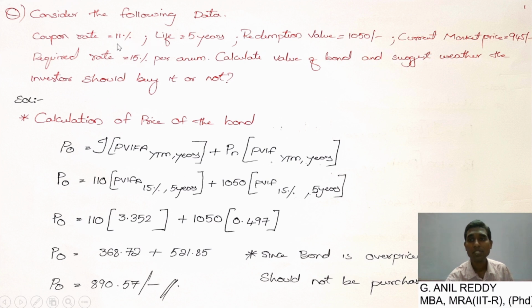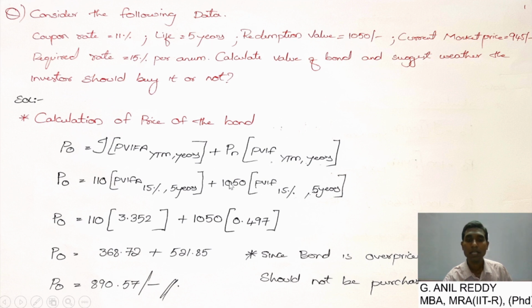Let us assume the bond is 1000 rupees, because the redemption value is 1050 and the current market price is 945. If the face value of the bond is 1000 rupees, and you calculate the coupon rate of 11%, it comes to 110. So the present value interest factor for annuity at 15%, so the YTM is 15%. The required rate given in the question is 15%, and the life of the bond is 5 years.